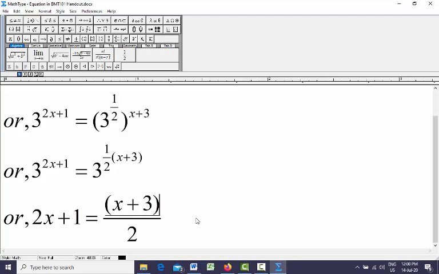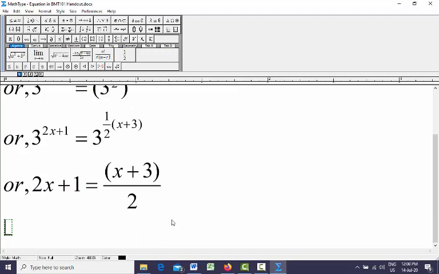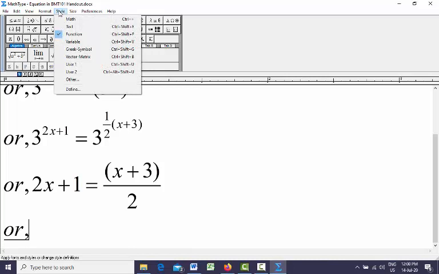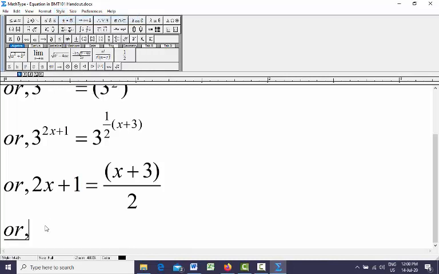Now what we will do is simple. It's secondary level algebra, cross multiplication. We will multiply these two with twice x plus 1. So if you multiply, we will get 4x plus 2 is equal to x plus 3.